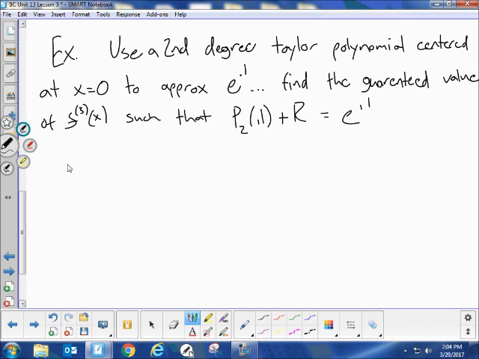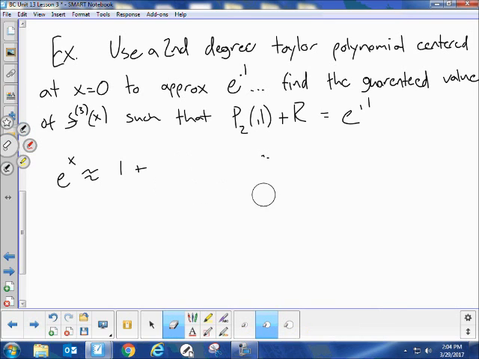So we know that e to the x is approximately, and we'll use a second degree Taylor polynomial centered at 0, so that's the Maclaurin polynomial for e to the x. So 1 plus f prime of 0 times x plus f double prime of 0 times x squared over 2 factorial. This is just your Maclaurin polynomial.